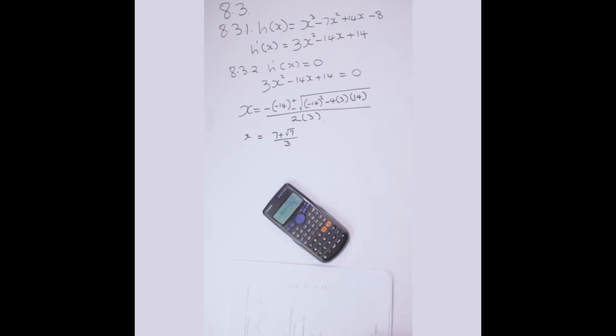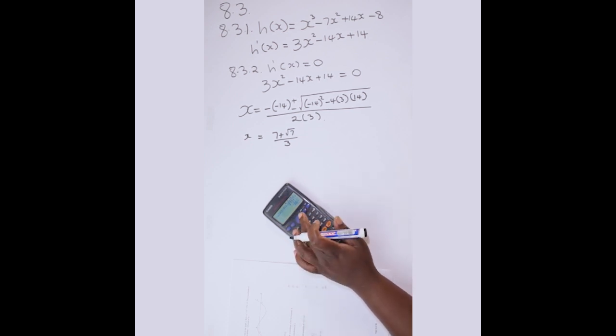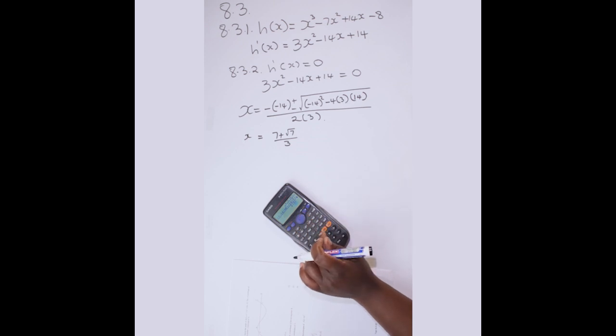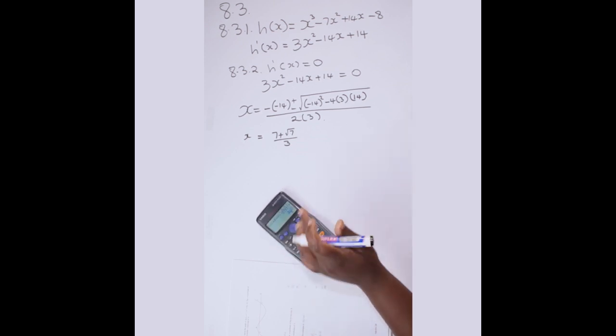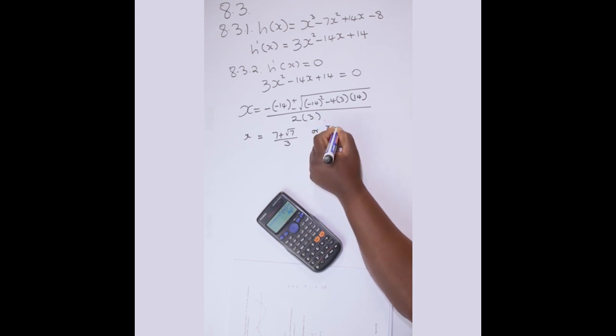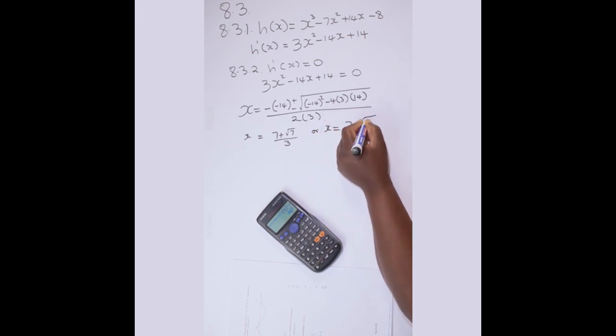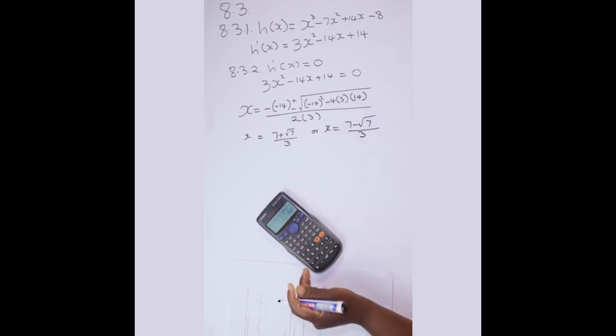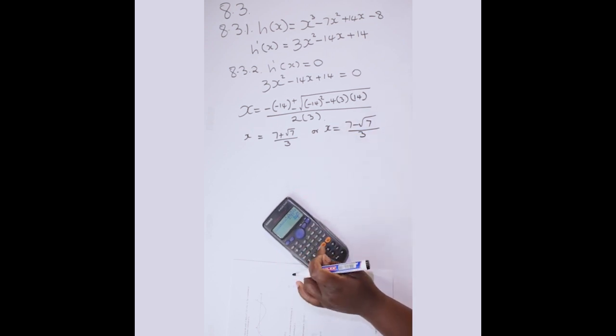That is the decimal fraction one. And you can use the negative. Let's use the negative and see what we are getting. x equals 7 minus the square root of 7, over 3. So it's plus or minus the same solution, which is about 1.45. That is your turning point.